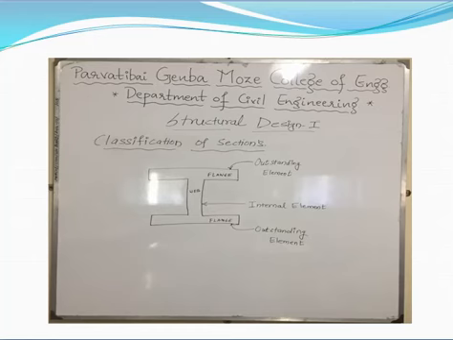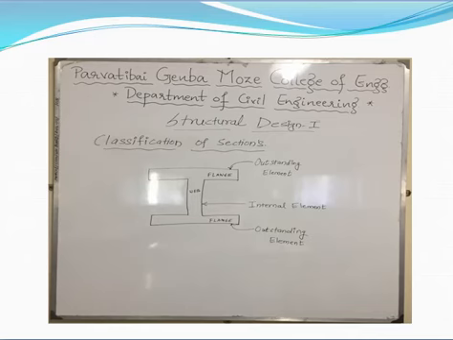Means in case of the outstanding element, only one edge is connected to the other element, not both edges. But in case of the internal element, both the longitudinal edges are connected to the other elements. In case of the outstanding element, only one edge is connected to the other element.